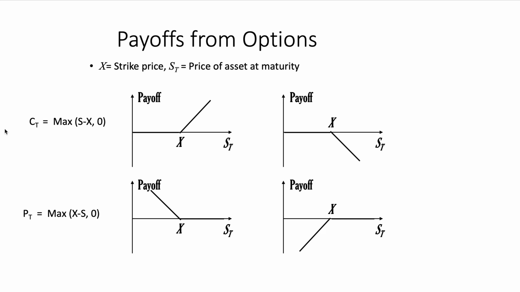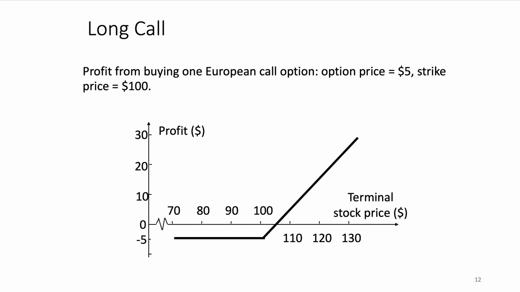It only shows you the payoff. In the real world, there are premium or option price involved. So in that case, for example, let's look at, I'm using some kind of easy slides here, a stock option.